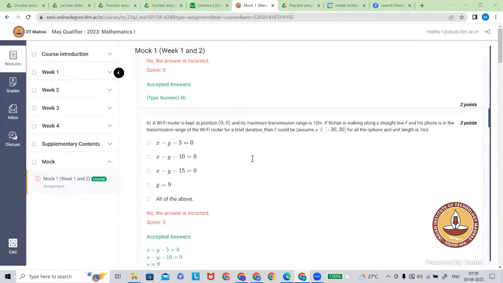If a router is kept at position 0 and its maximum transmission range is 10 meters, and Rohan is walking along a straight line L and his phone is in the transmission range of the Wi-Fi router for a brief duration, then L could be, for all the options, unit is 1 meter.